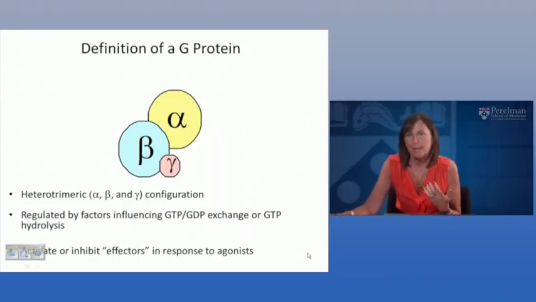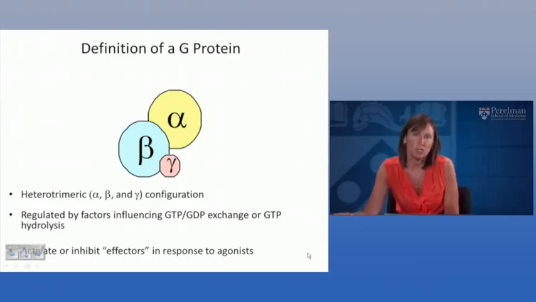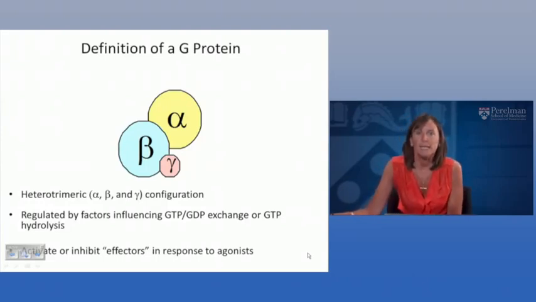So let's just talk a little bit about the G protein itself. Another term that is commonly used in describing the structure of G protein coupled receptor is that the G protein itself is a heterotrimeric protein. So what does that mean? Well, it basically means that it is composed of several different subunits, an alpha, a beta, and a gamma subunit.